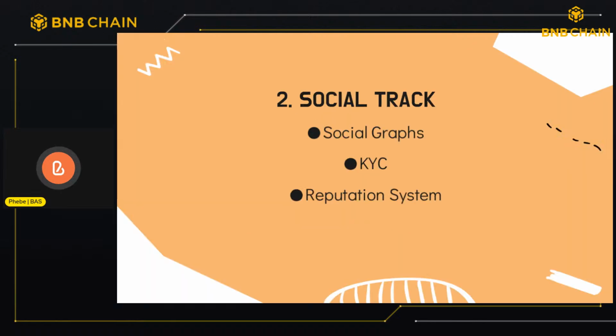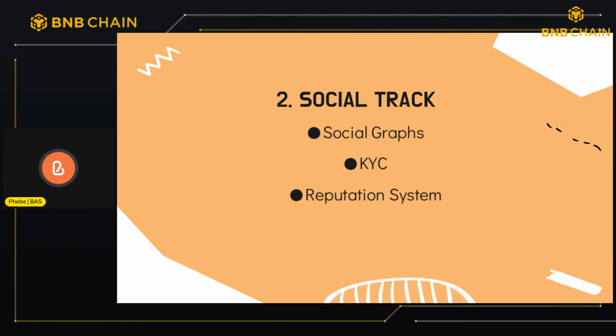The second track has always been one of the hot topics in Web3, which is the social track. BNB Chain and BAS are dedicated to revolutionizing the social network through the use of blockchain technology. For example, a decentralized social network should be a crypto-native platform that supports various social features such as social graphs, messaging, live streaming, and content sharing.